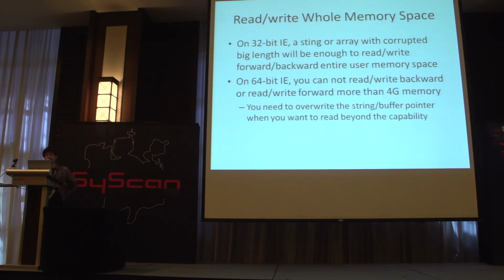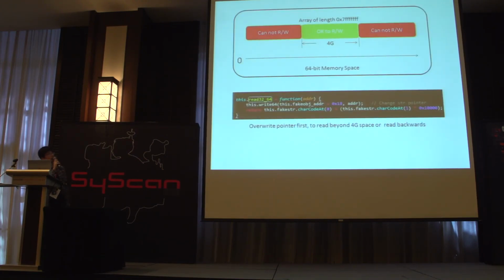And the next difference is when we try to read-write the whole userland memory space. On 32-bit, a corrupted string or JavaScript array is enough to do this. But on 64-bit, you cannot read backward or forward beyond the 4 gigabytes of memory, as shown in this picture.